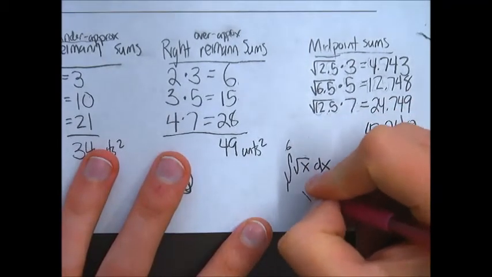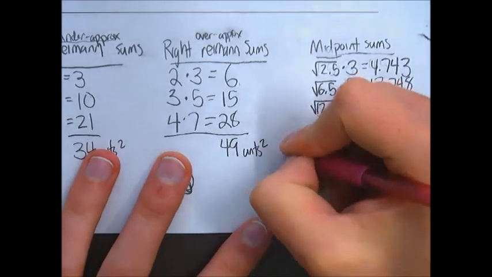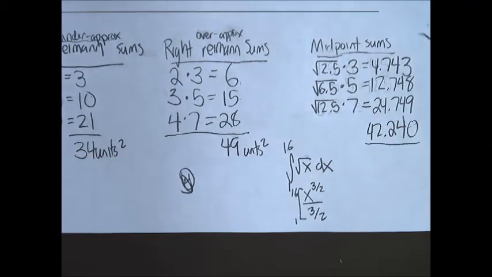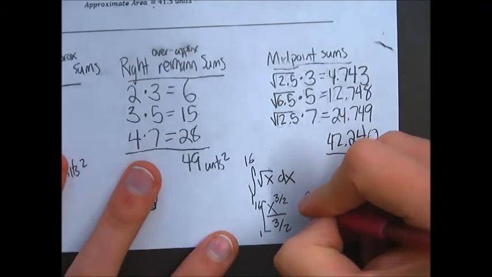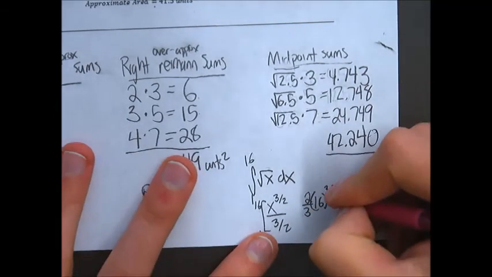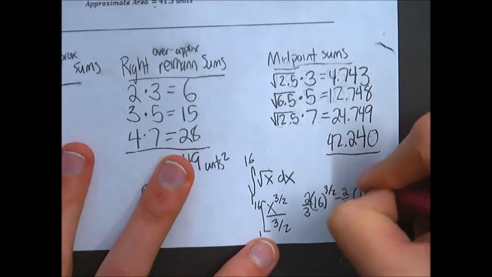So when we take the integral, we're going to get x to the 3/2 divided by 3/2. And we're plugging in 1 and 16. So this is going to be 2/3 times 16 to the 3/2 minus 2/3 times 1 to the 3/2.